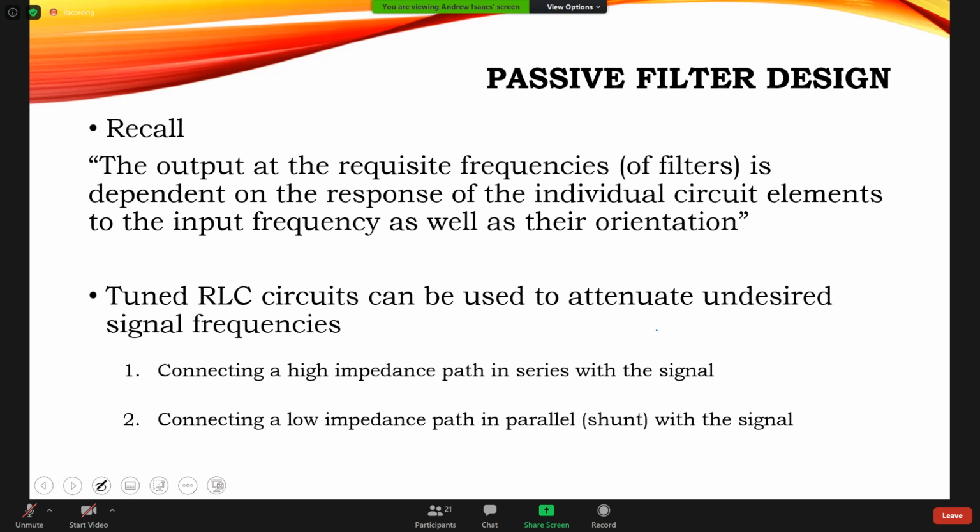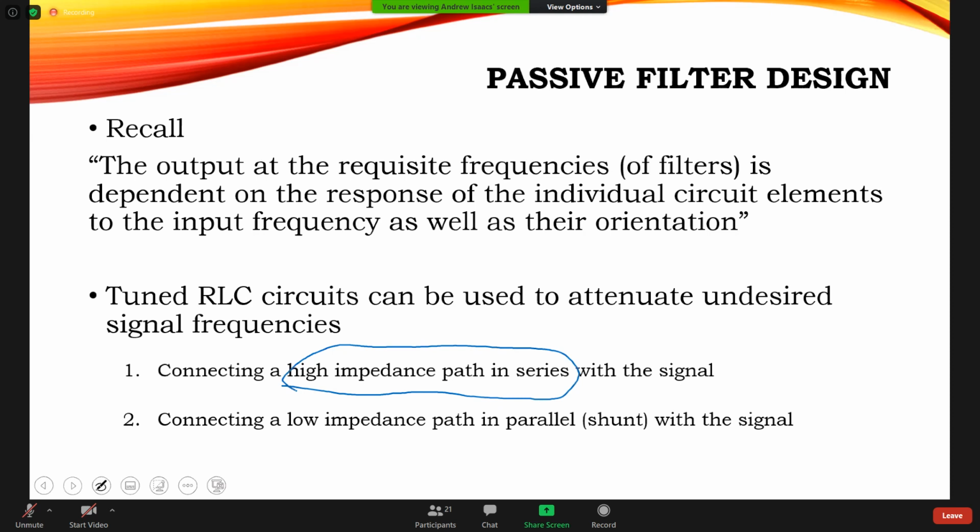We can either connect a high impedance path in series with the signal. So if I want to attenuate an undesired frequency, that is, if I want to block it, reduce the strength, I connect a high impedance path in series with the signal.